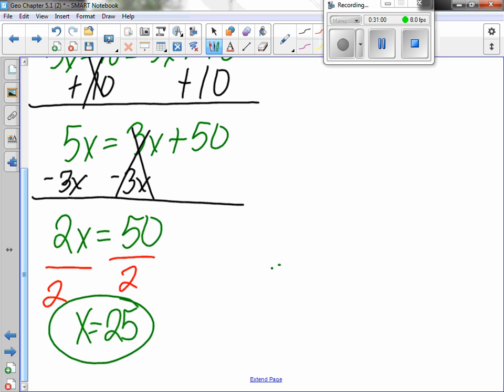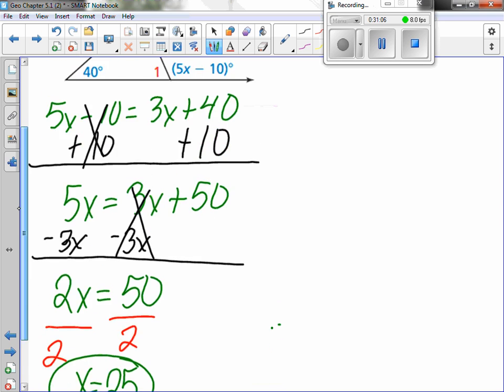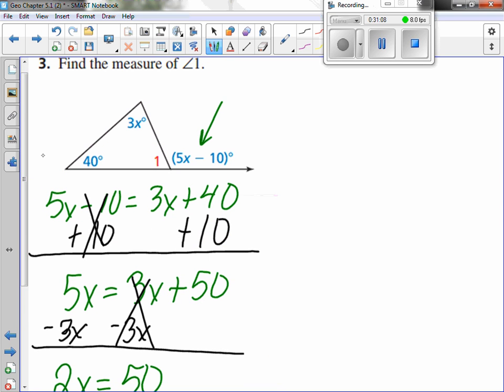Any questions on how we found the value of x? So this angle here would be 3 times 25, which would be 75.